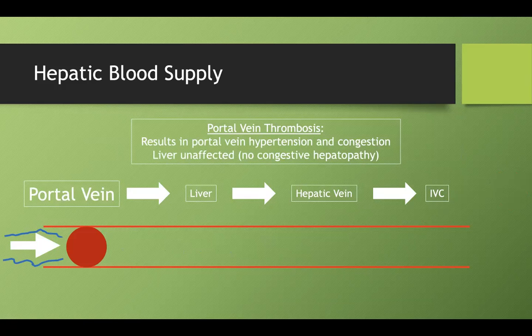There's no congestive hepatopathy. So that's another differentiating factor. If a question stem says somebody has ascites and portal hypertension, and you realize their liver is completely normal, I want you to at least consider portal vein thrombosis as a potential cause.